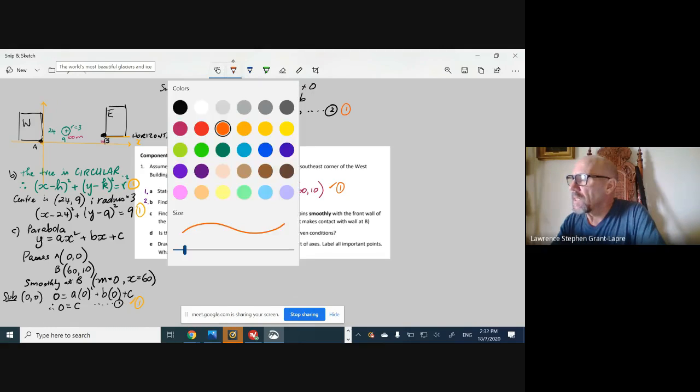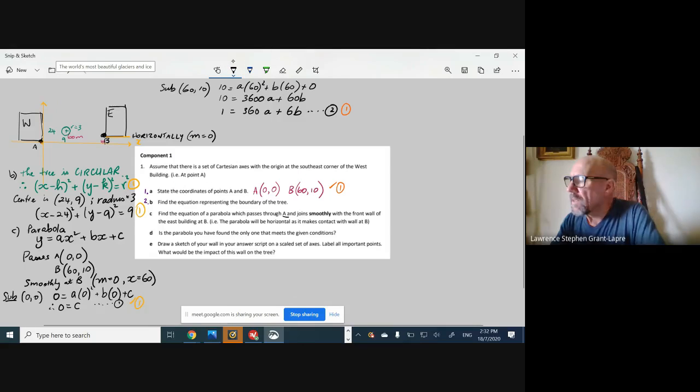Let's substitute x equals 60 into the derivative, because m is 0.